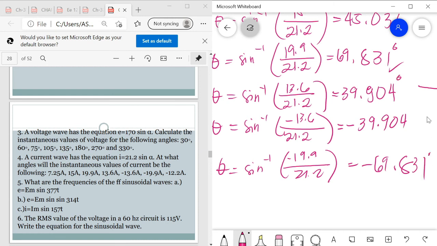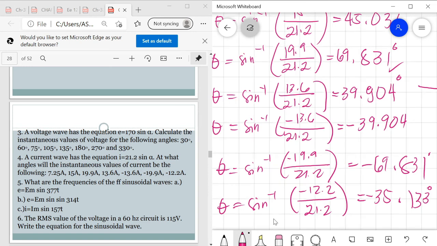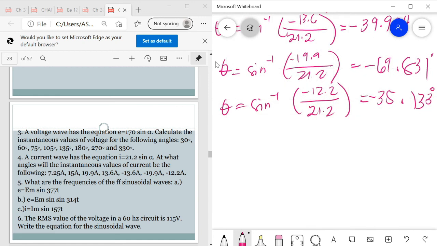Same magnitude, different direction. Negative 12.2 last. Negative 35.133 degrees. So, okay. This part is easy.